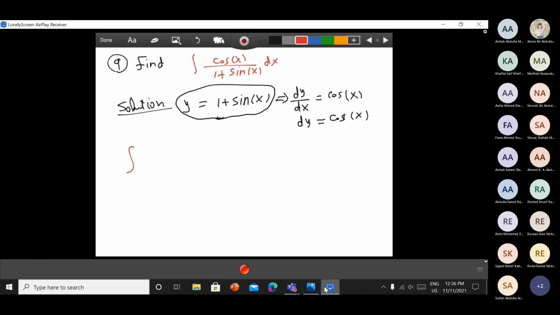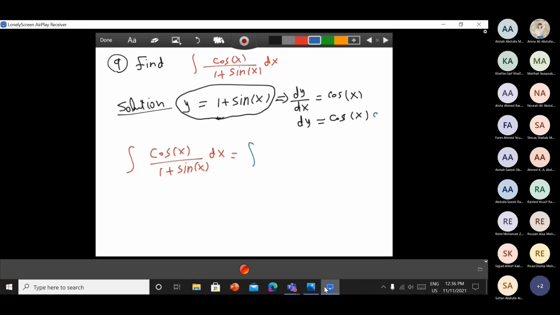The integration, which was in terms of x, will be transformed into integration of y.